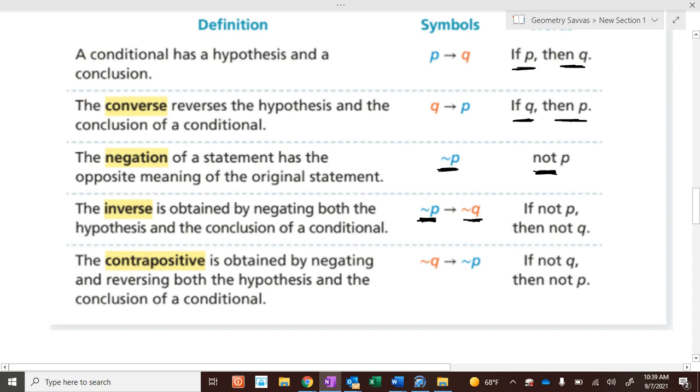And finally, the contrapositive is obtained by negating and reversing both the hypothesis and the conclusion of the conditional. Basically, it's the converse with nots. If not the conclusion, then not the hypothesis. So basically, the nots of the converse is the contrapositive.